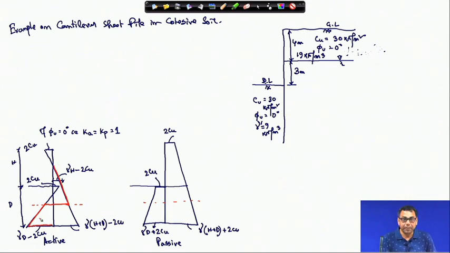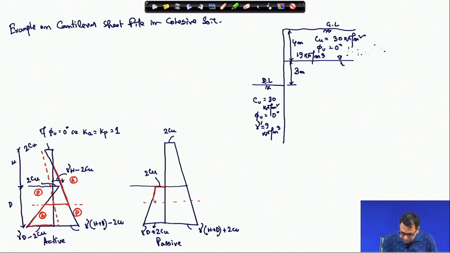I am taking only the positive one, and the sheet pile is rotating about this point. Similarly, this side is active, this side is passive, again this one active, this one passive. So, this side is passive, and I can draw this is also passive.